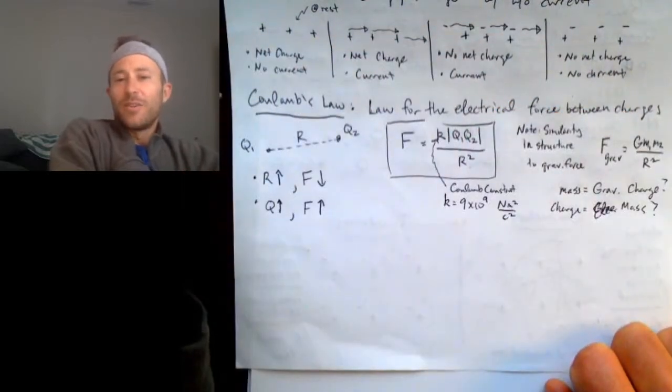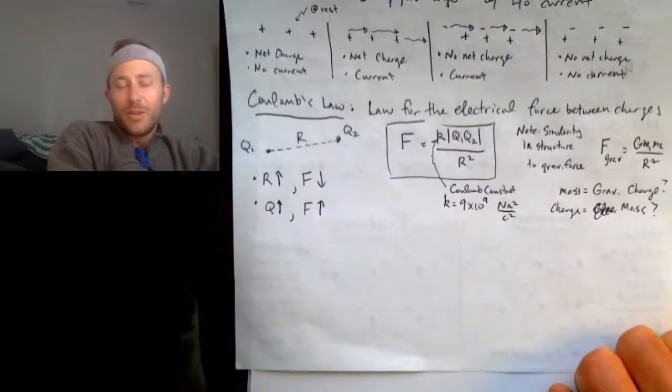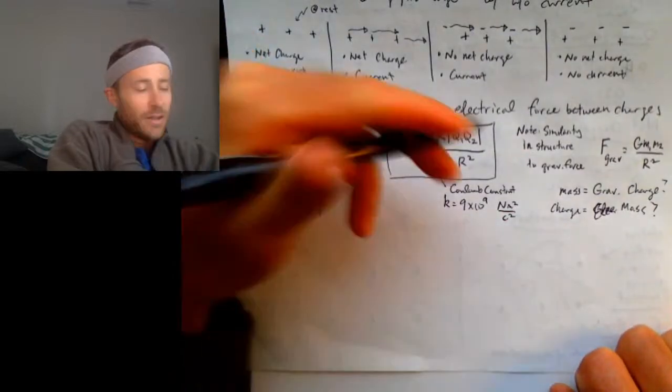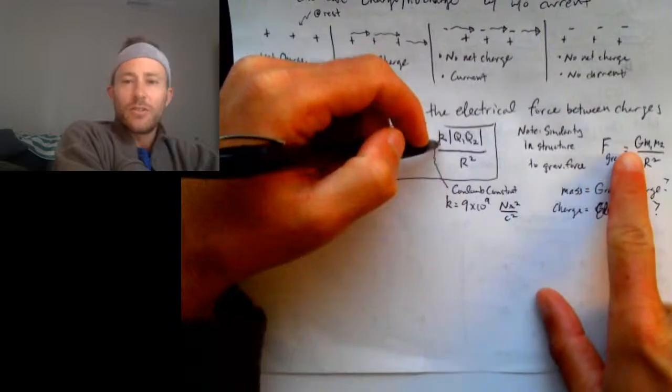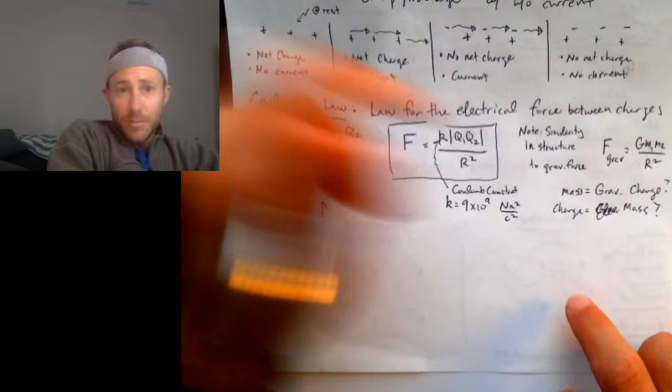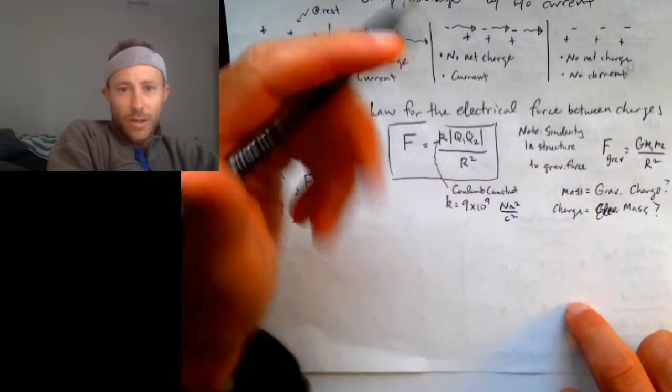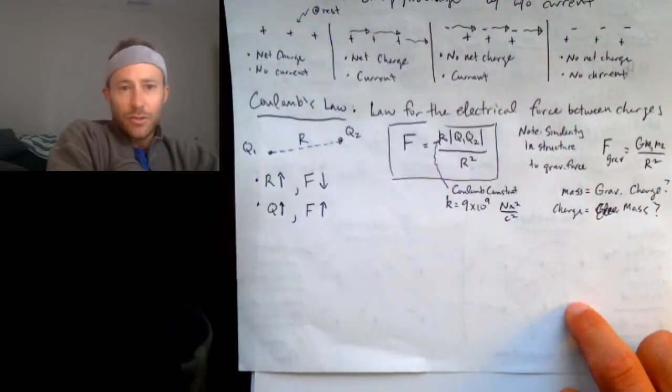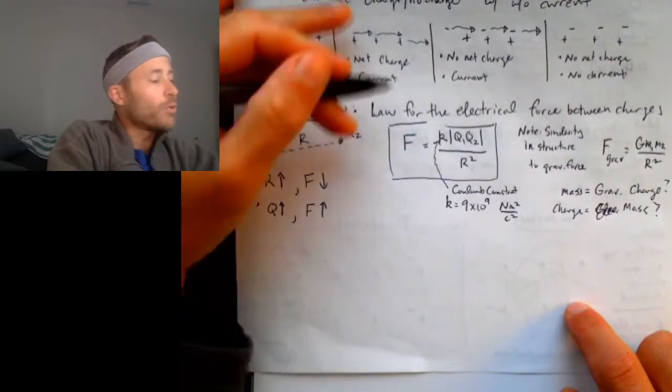Okay? So, yeah, they're very similar in structure, but they have different constants of nature. And then, of course, gravity can be only attractive, whereas electricity, as you probably know, can be attractive or repulsive.